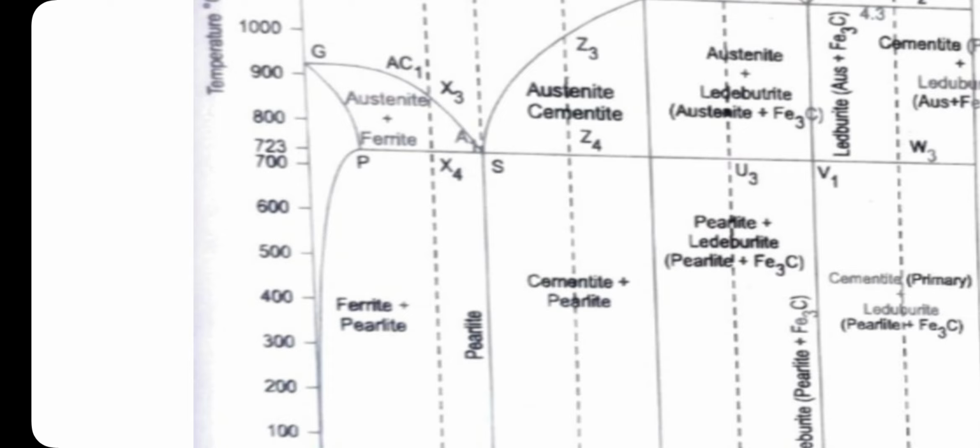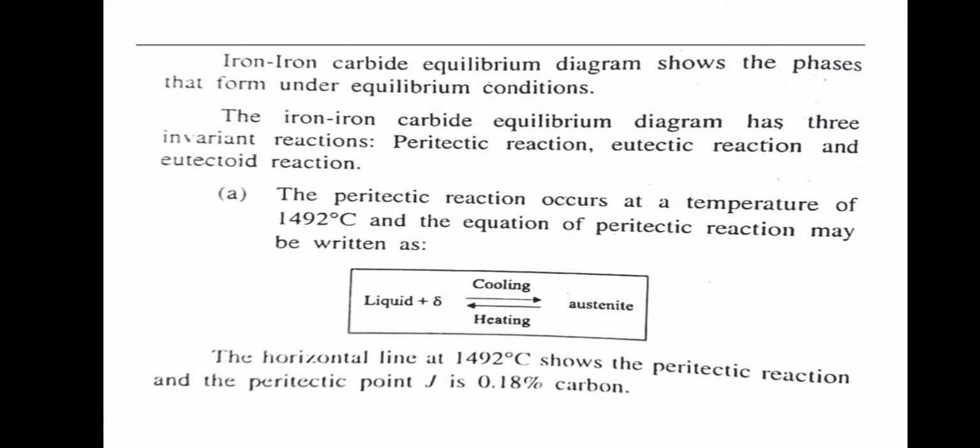Here the x-axis contains the percentage of carbon and the y-axis contains temperature. In the peritectic reaction, liquid plus delta solid gives austenite, a solid. Liquid acted upon solid to give solid. On the top left of the iron carbide diagram, at 1492 degrees Celsius, the peritectic reaction occurs.